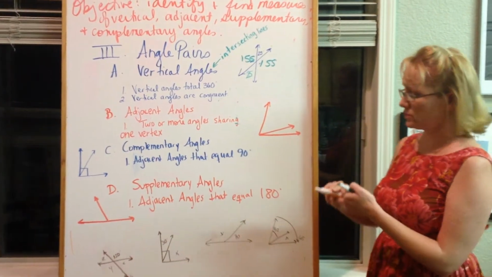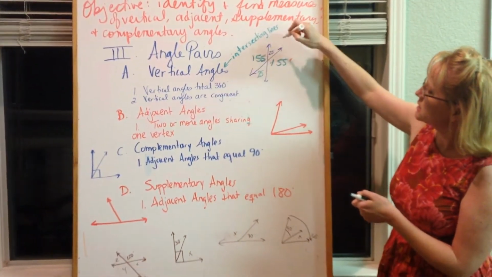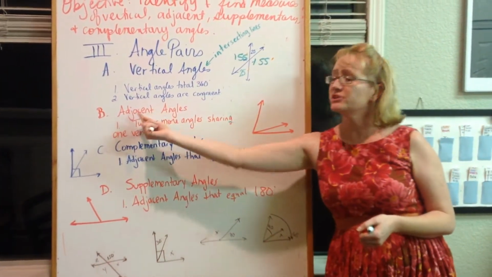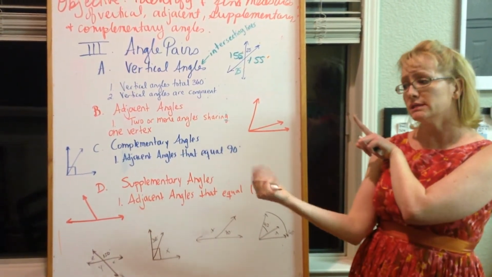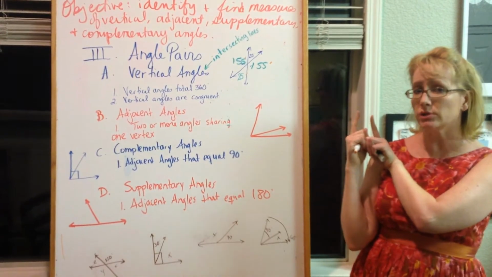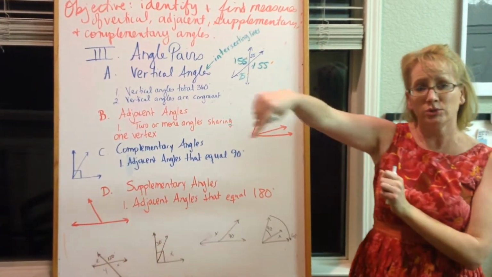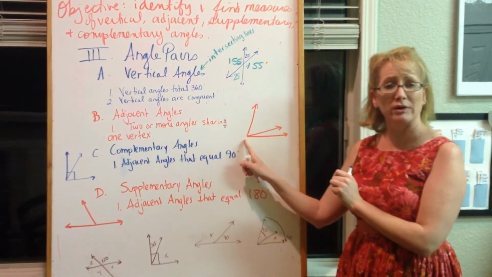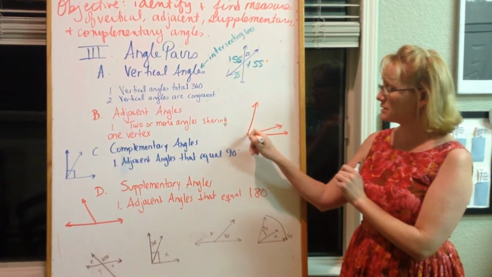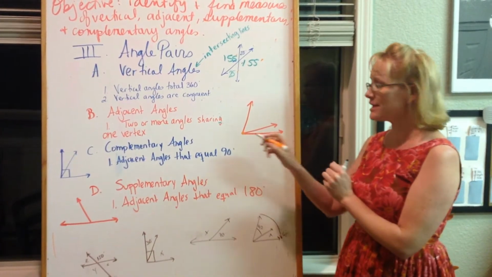The next type of angle to know is called adjacent angles. Adjacent means next to. The person that you sit next to in class is adjacent to you. The house that's next to you is adjacent to you. So adjacent angles means two or more angles sharing one vertex. They're next to each other. Remember the vertex? What part of your body is the vertex?